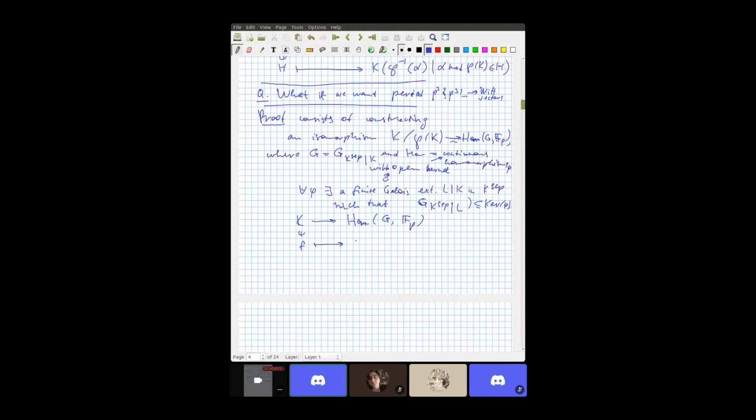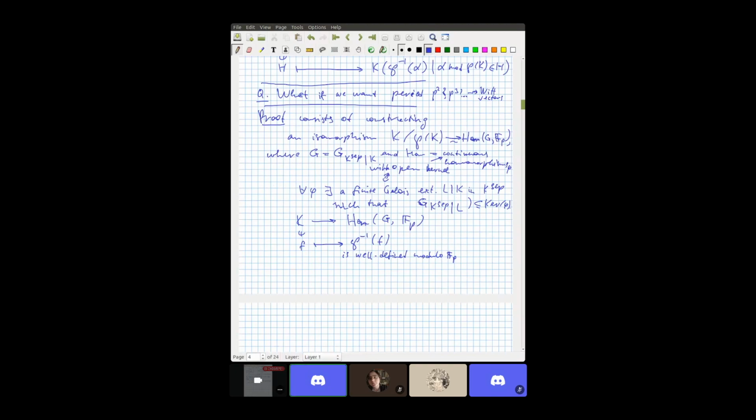So we take the pre-image of f. Of course, it is not well defined. It is well defined modulo Fp.